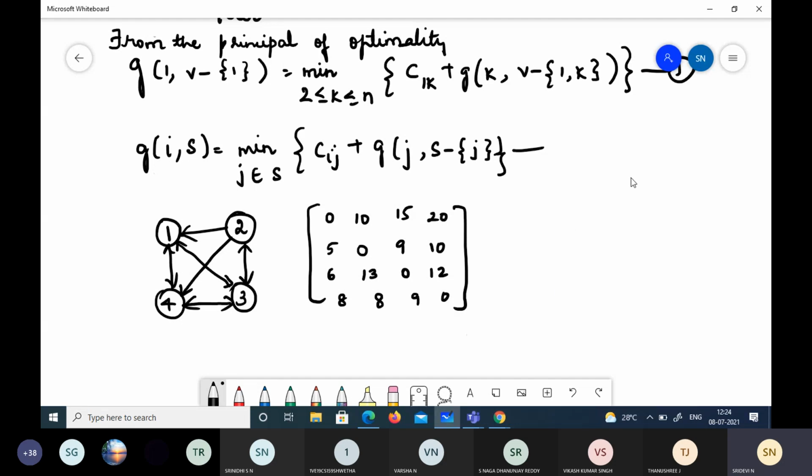Okay, let's solve the problem now, which will be more clear if we solve it.